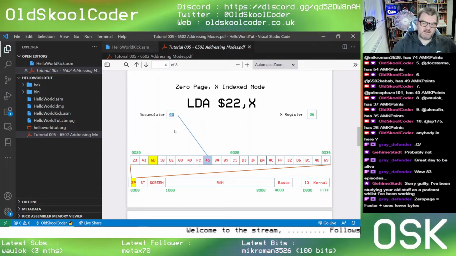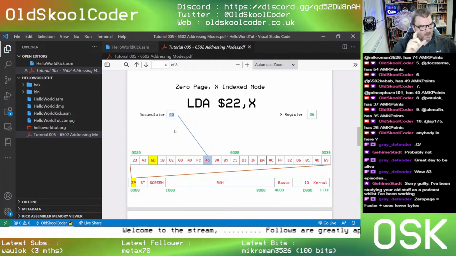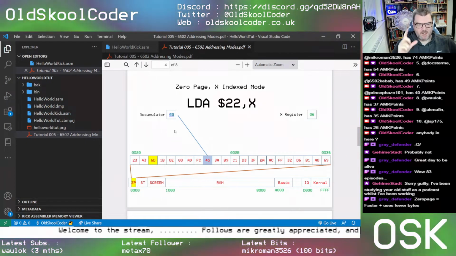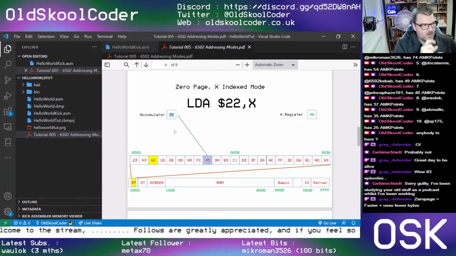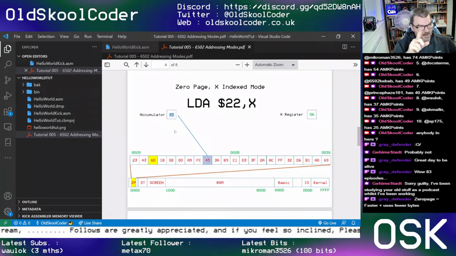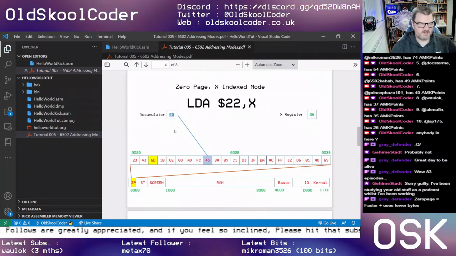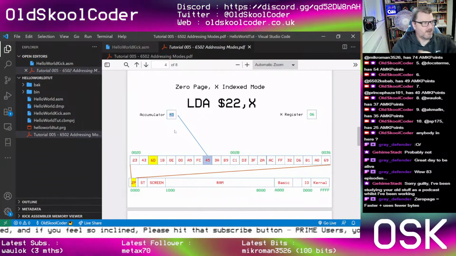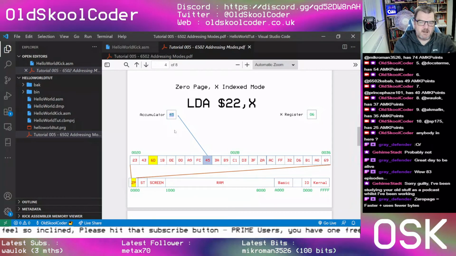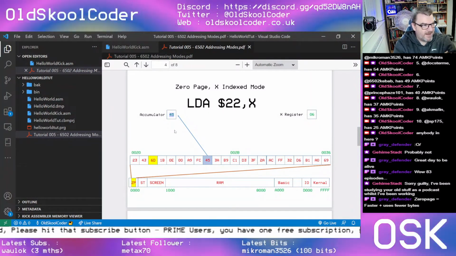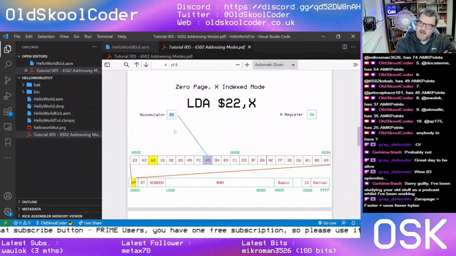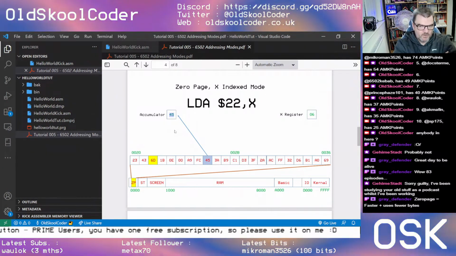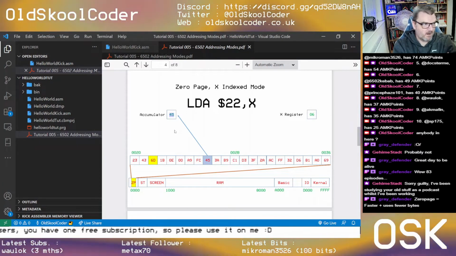The caveat is, remember, we're loading 0 page. If you are doing LDA FF, this is the extreme condition. If you load LDA with FF and then give it X of 6, it's not going to look at memory location 105.